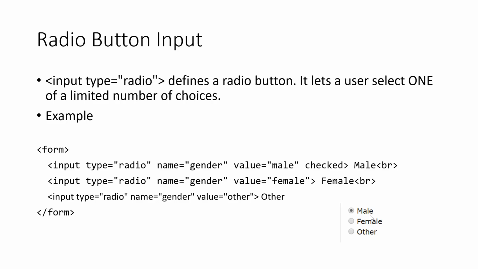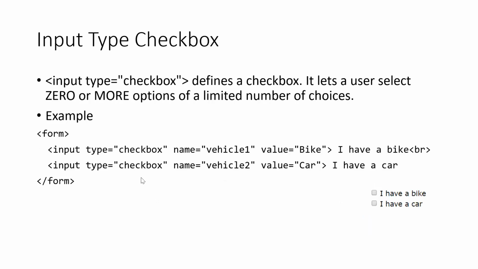When you are going to get gender information, the assumption here is we are going to get male as the default answer. That's why we have checked here. And then you can have other values as well. Right, so that's about the radio buttons.